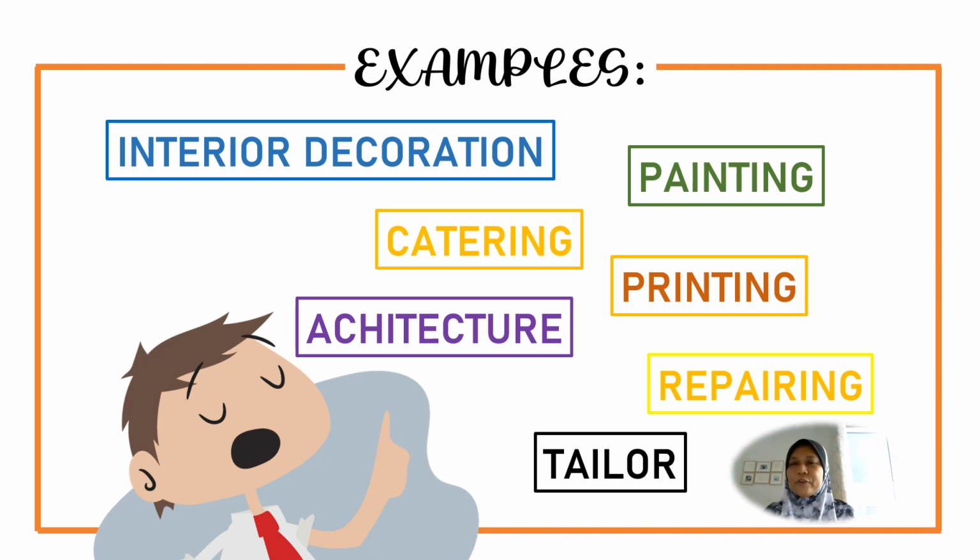A few examples of business types that apply the job costing method are interior decoration, painting, catering, architecture, printing, repairing, and tailoring. There are many other examples that you can start to think of.